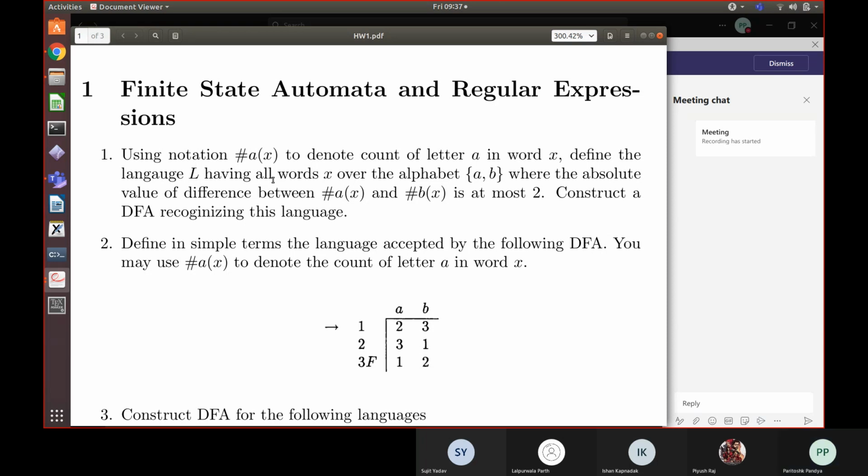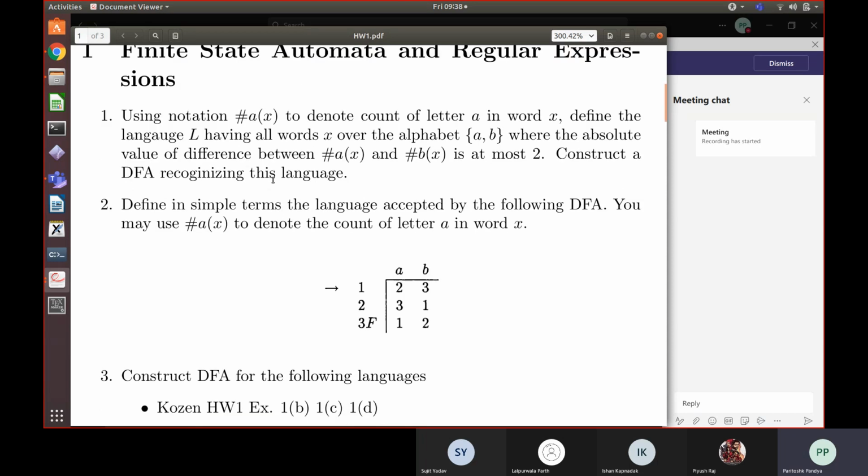That is, A can exceed B by 0, 1 or 2, or B can exceed A by 0, 1 or 2, but no more. You have to write down this language mathematically, and then construct a DFA to recognize this language.